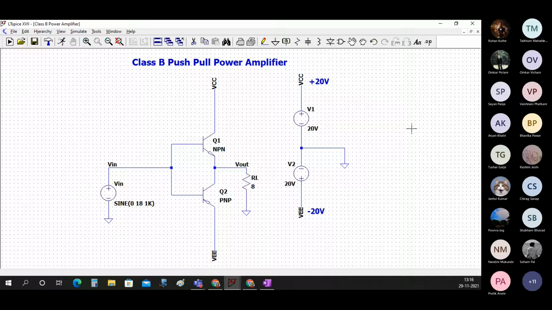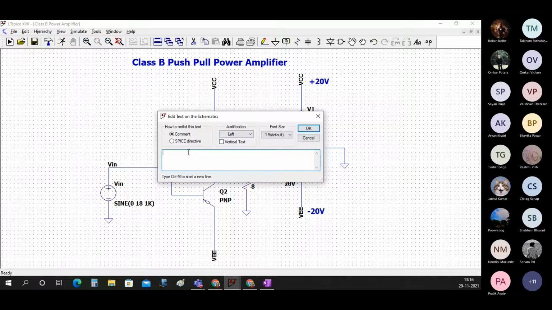I will highlight this point, but still I'm giving you this. We will derive this. The maximum theoretical efficiency is equal to 78.5%.